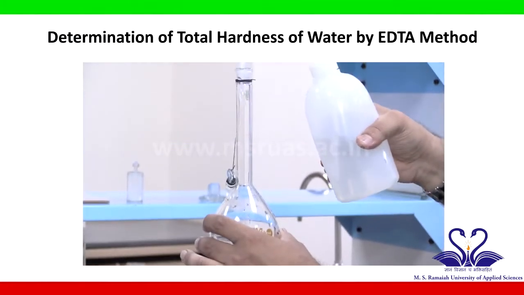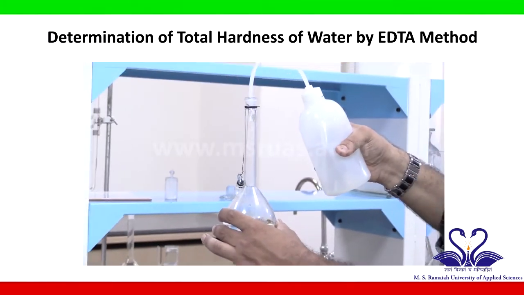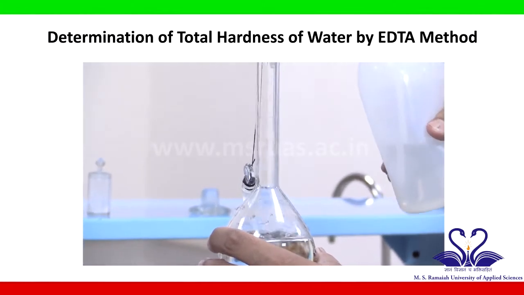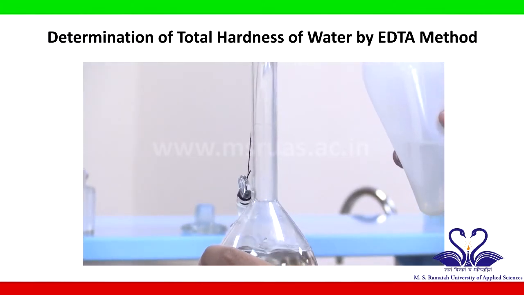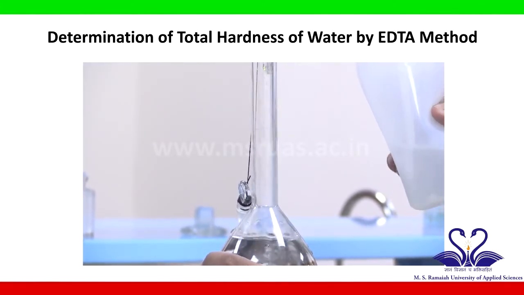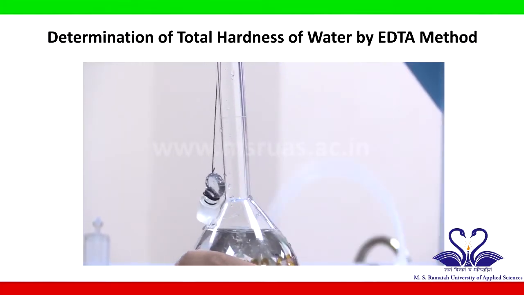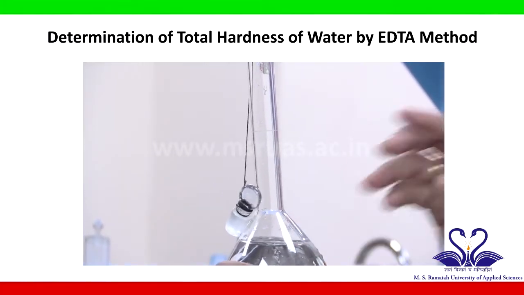So now we can make it up to the mark using distilled water. Since you are not able to control the flow of liquid, I have just made it up to the neck.